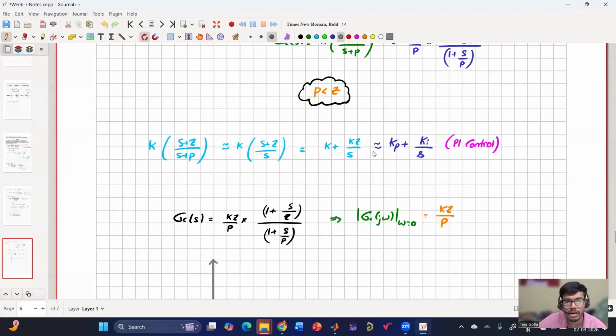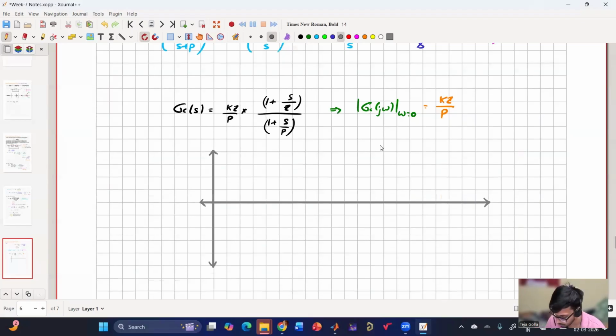We know the pole will come first, not the zero. Say the pole is here and then the zero is here. So this is my pole, this is my zero. Initially, it has a constant magnitude of Kz by P. If we write in magnitude, it will have 20 log K until the pole.